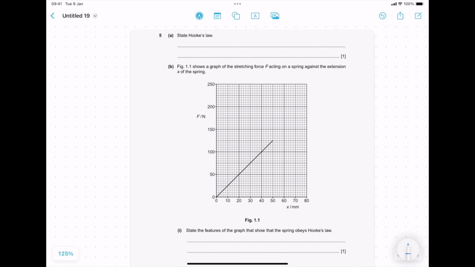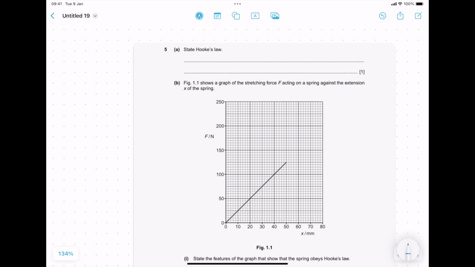Hooke's law states that the extension of an object, which is usually a spring or an elastic band, is directly proportional to the load applied. Okay, so the extension of a spring is directly proportional to the load applied.